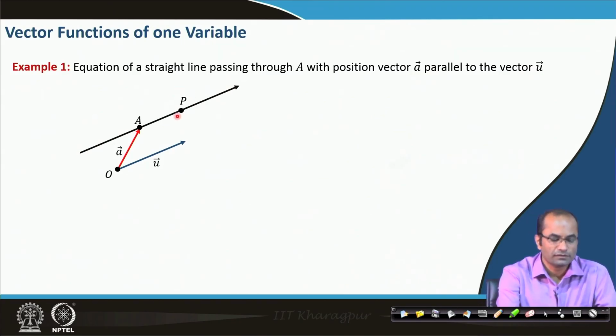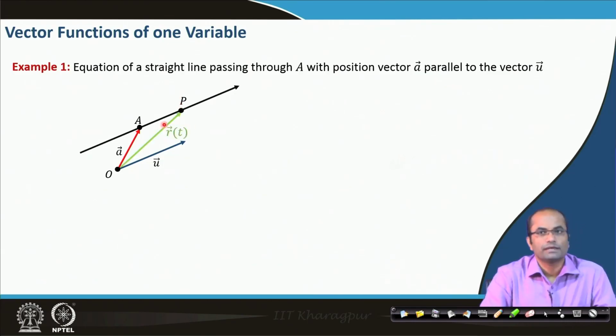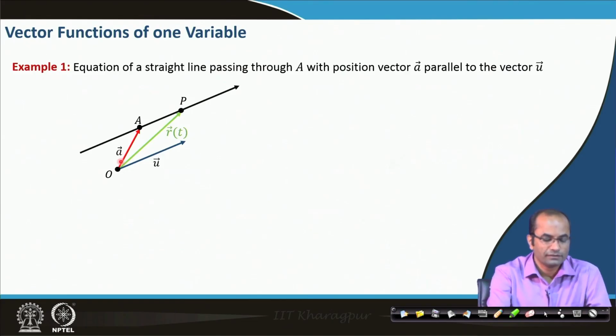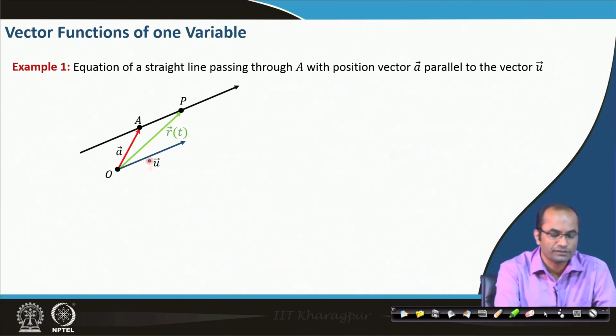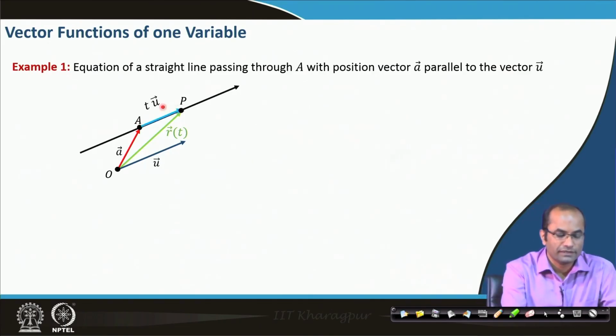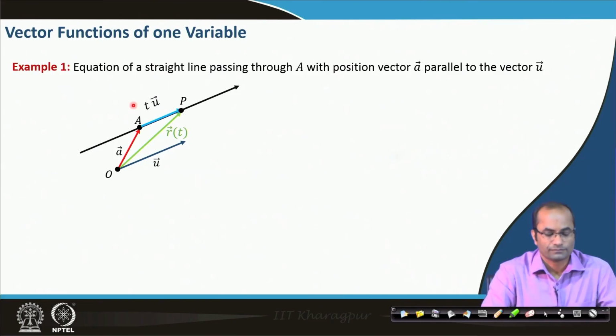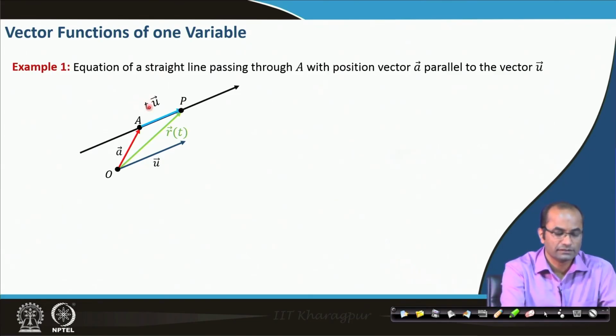Let us consider a general point P on the line whose position vector is given by this vector r. Since the direction of this line is u, the segment AP of this line can be described by some scalar multiple of this vector, so that the magnitude of this vector is adjusted to fit the length AP. So, the vector AP can be described by t u, where t is a real number.